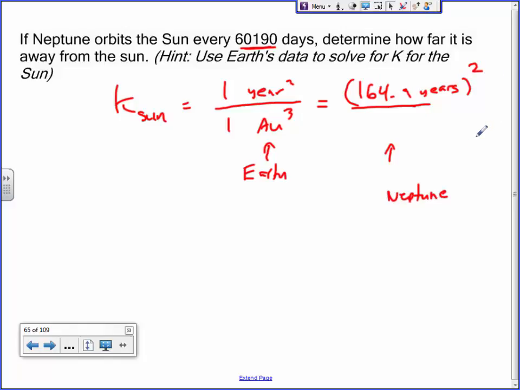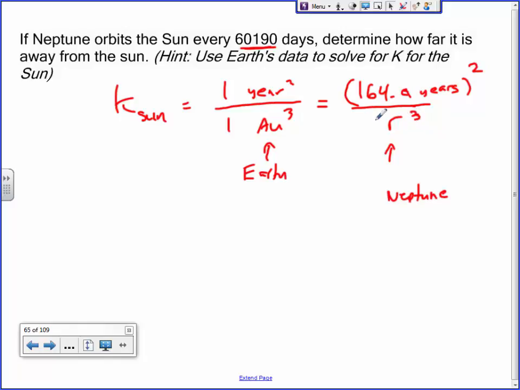You square the period and you divide by the radius cubed. The radius being what we don't know. How would we solve for the radius then if we know this is 1, this is 1, this is 164.9 squared, we still have to square it, and this one's r cubed. How would you get r cubed by itself?